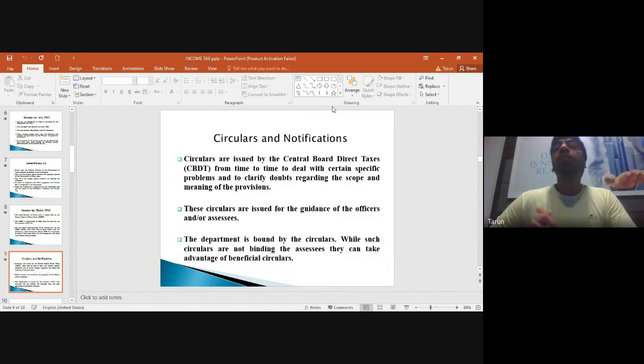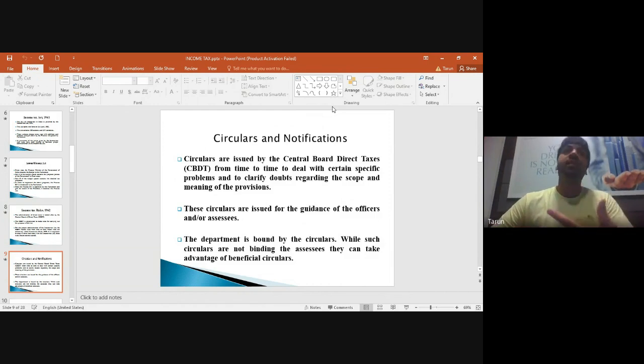So any circulars issued by the Central Board of Direct Taxation are framed from time to time to deal with certain specific problems, and to clarify any doubts regarding the scope and meaning of any provisions which have been framed in India. These circulars are issued for the guidance of the officers as well as of the SSCs.